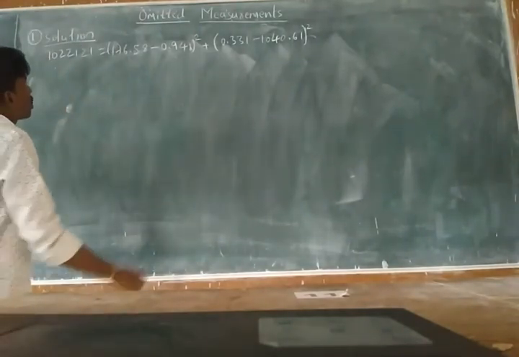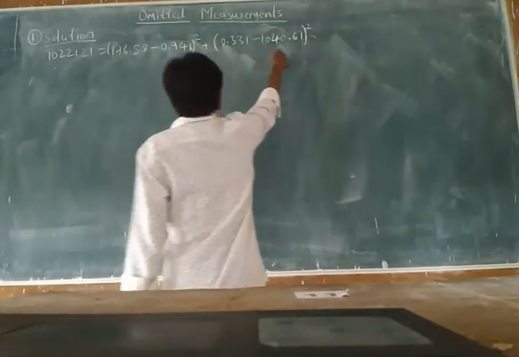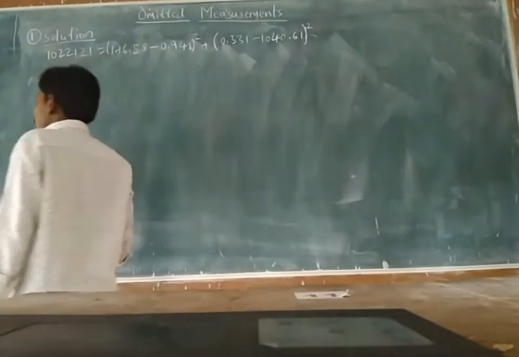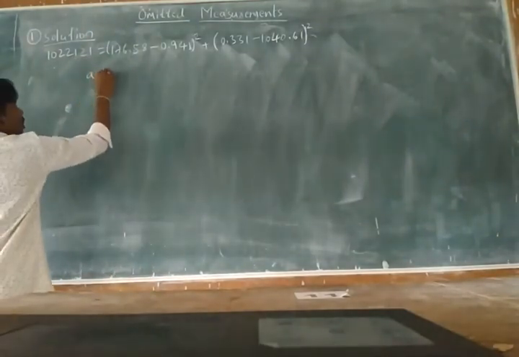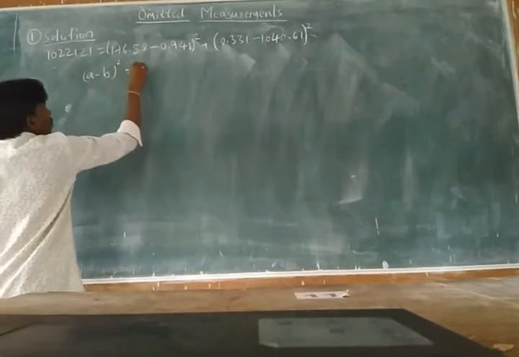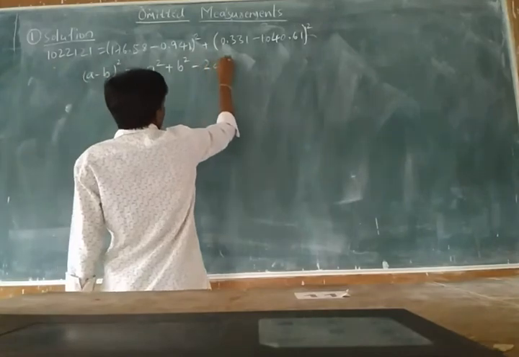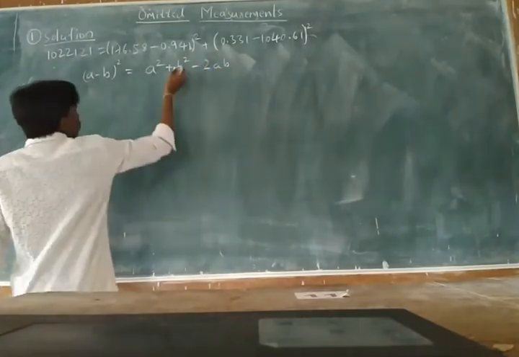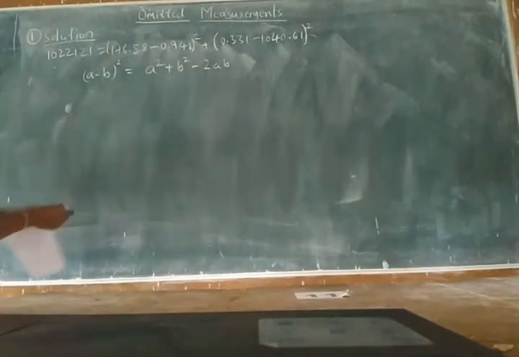So here you can observe a minus b whole square, so that is an equation. You know the equation, a minus b whole square is equal to a square plus b square minus 2ab. So let's split this equation in this manner.